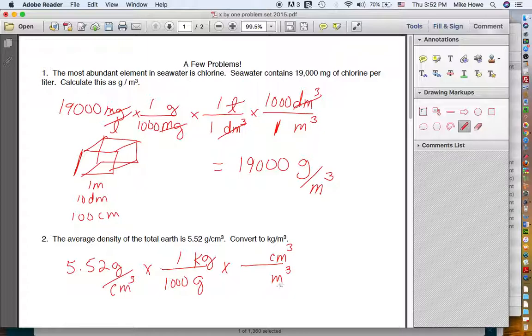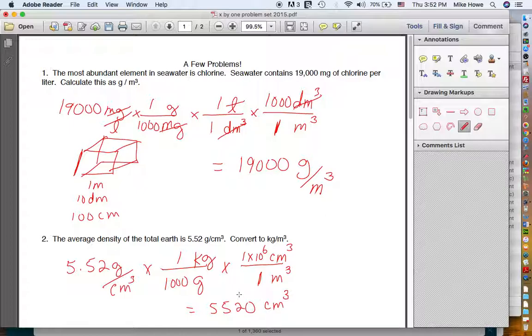So if it's a cubic meter, one of those would equal 1,000,000 of these. So then, when we do the math, that times 1 times 1,000,000, then divide by 1,000, will give us that number.